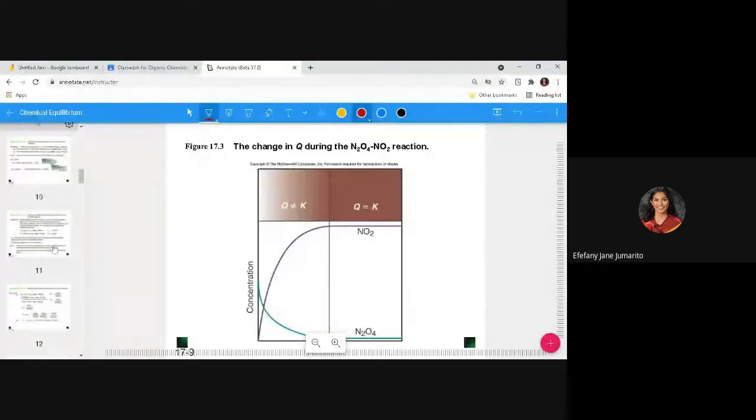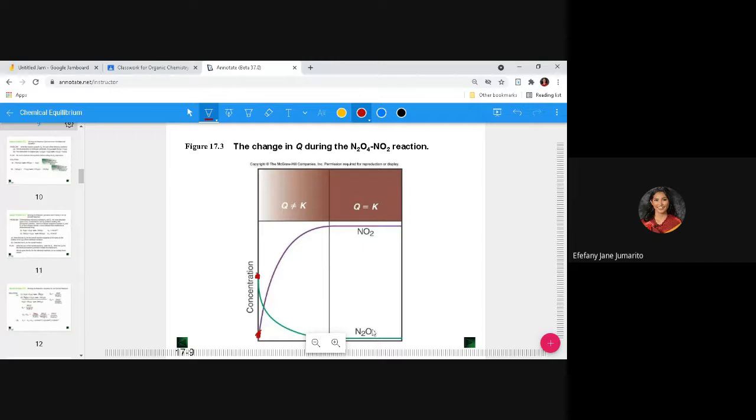This is our initial concentration for our N2O4, and then we have this one, the initial concentration of NO2. No matter what their concentrations are, it will still proceed to equilibrium.